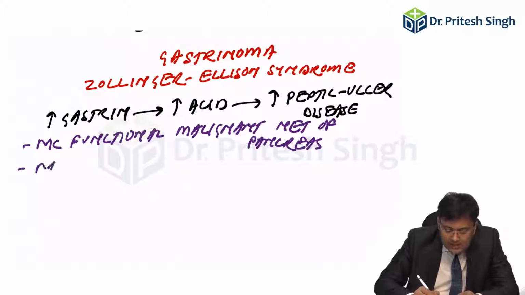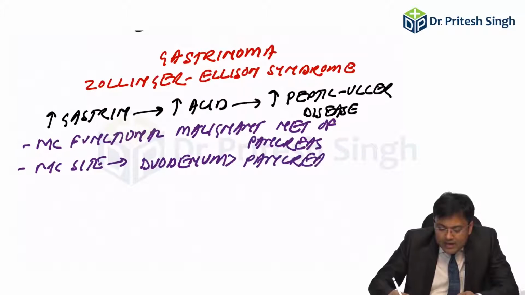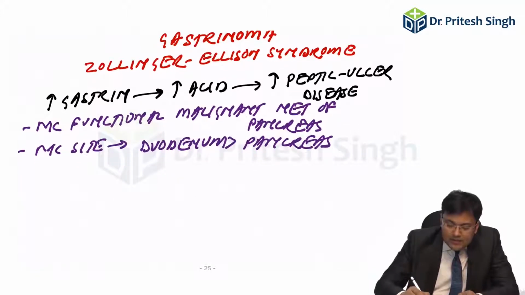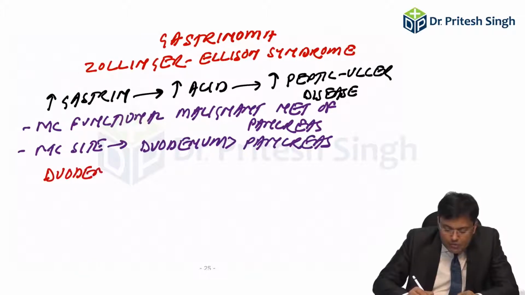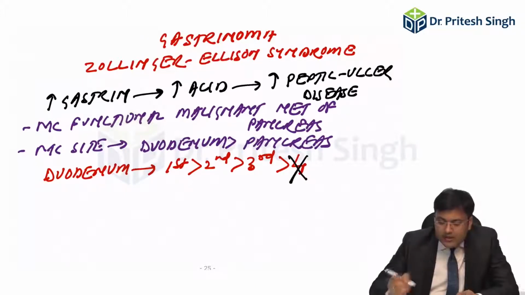The most common site of gastrinoma is the duodenum, followed by the pancreas. A question is asked: in the duodenum, which part? The most common site is the first part, followed by the second part, followed by the third part, not seen in the fourth part.